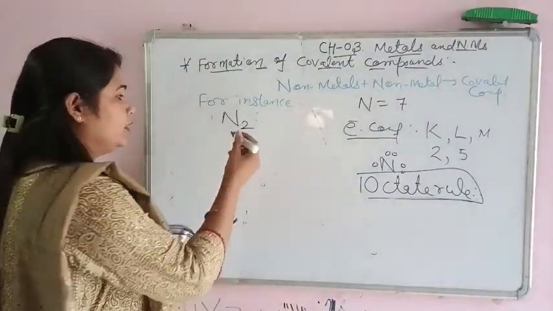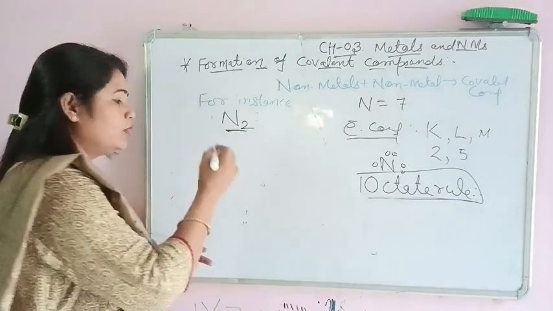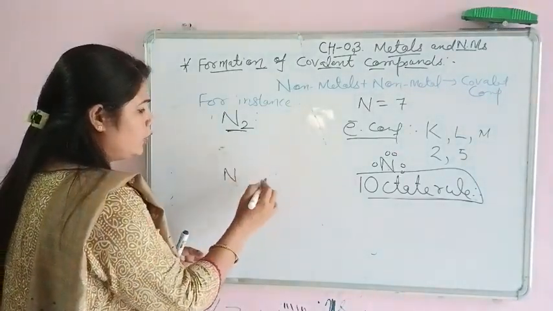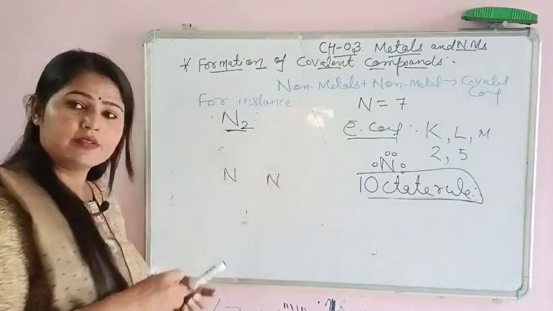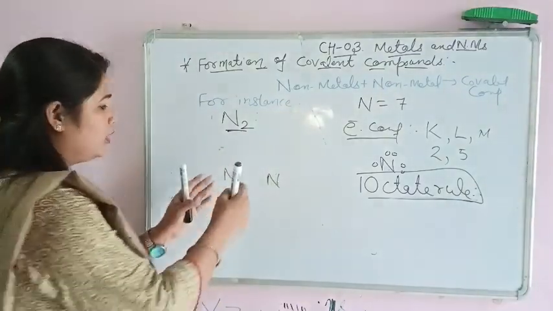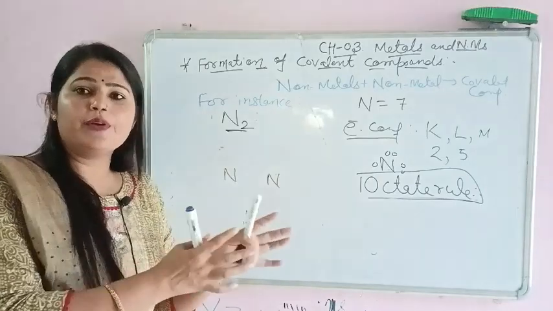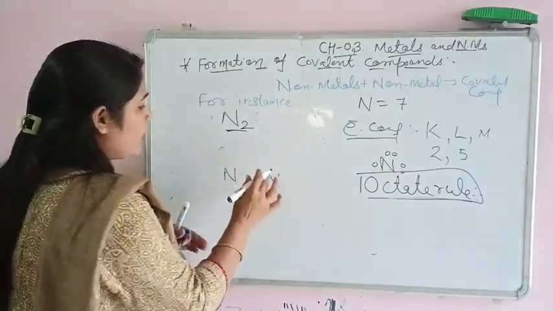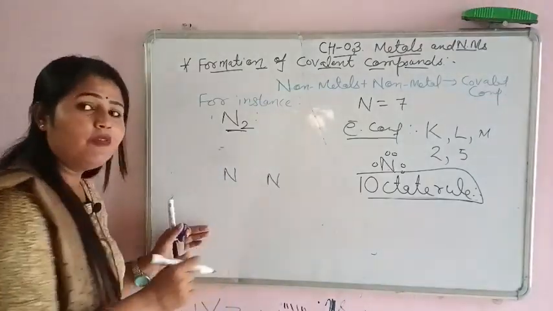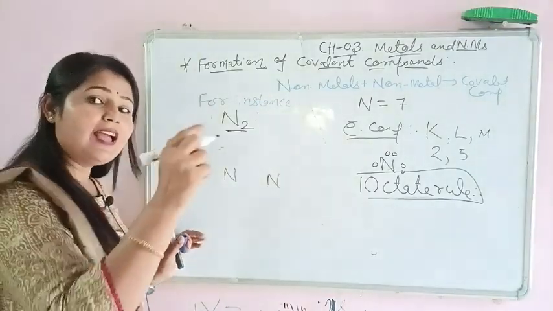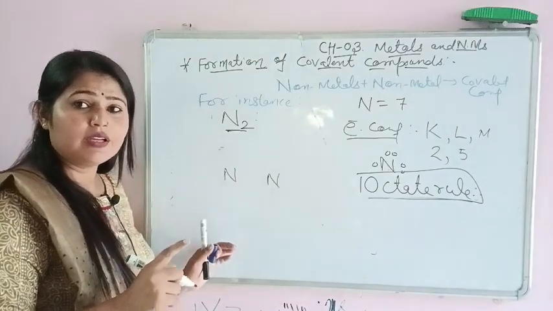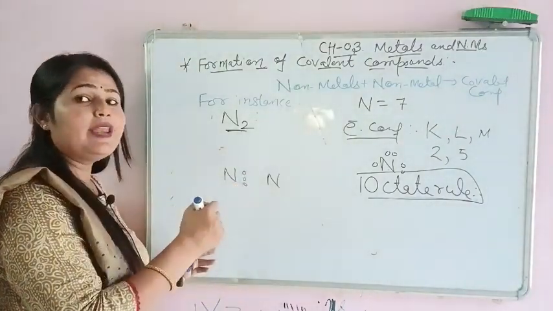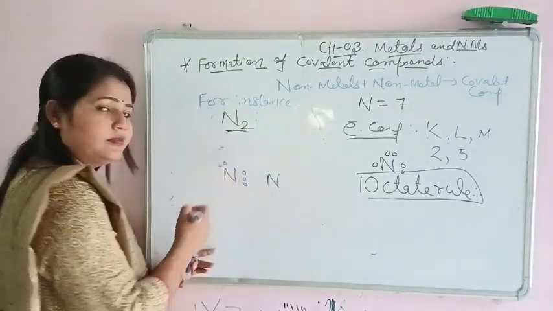So write N2, as 2 nitrogen atoms are present. Write the symbols of the 2 nitrogen atoms in front of each other and put the electrons in the form of dots. We know that 3 electrons are required for sharing, so put 3 electrons here, and the remaining 2 electrons you can put anywhere.